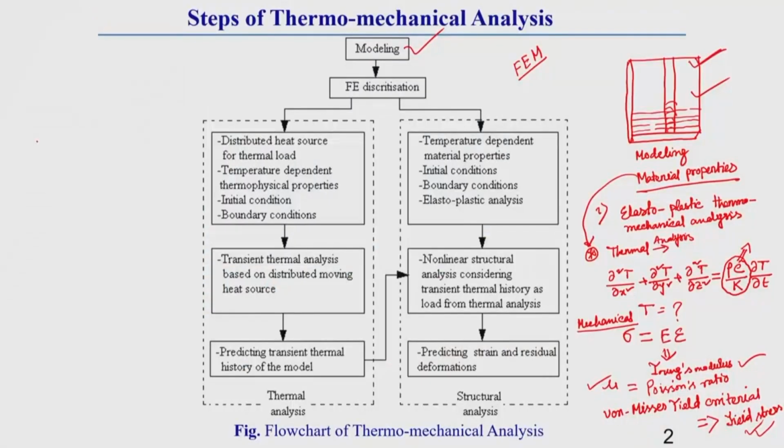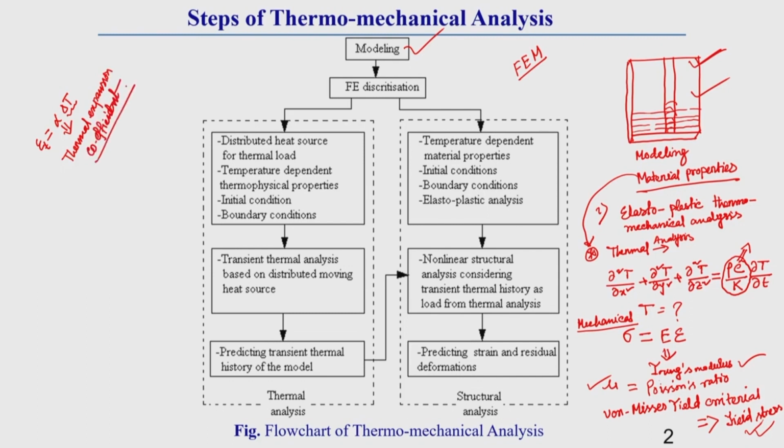We know thermal strain, let us say E t, I am representing thermal strain. E t can be represented as alpha into delta T, where delta T is the temperature difference, and alpha is called the thermal expansion coefficient.